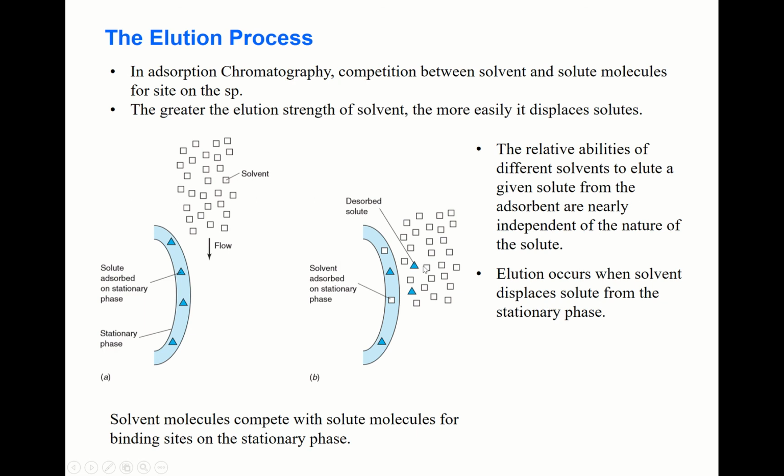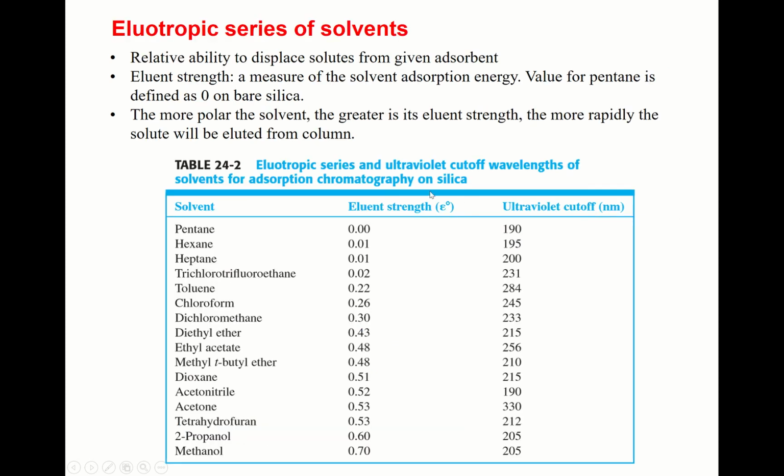That is called elution, and that's why the separation is done. So the relative abilities of different solvents to elute a given solute are nearly independent of the nature of the solute. That's important.